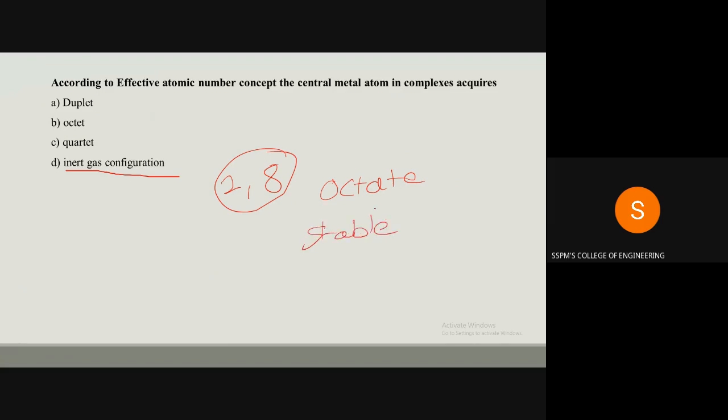Due to this octet, these are stable elements. All other elements try to achieve this noble gas configuration. Hence, according to the effective atomic number concept, central metal ions in complexes acquire inert gas configuration, not duplet, octet, or quartet. So it is an inert gas configuration.